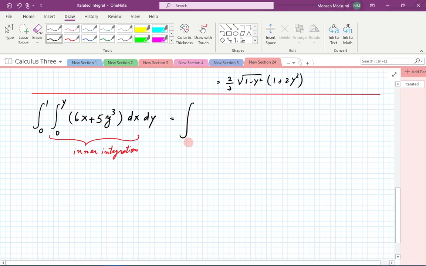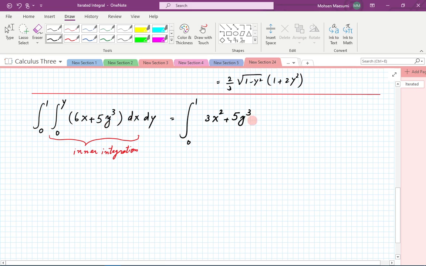So let's go about doing this thing. The outside integral stays put, and the innermost, with respect to x, I'll have 3x squared plus 5y cubed. I would like to invite everybody to do this on their own and come back and compare. So 5y cubed is a constant at this level.